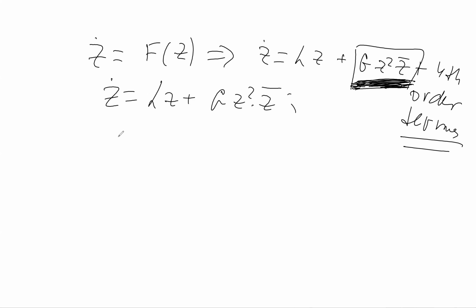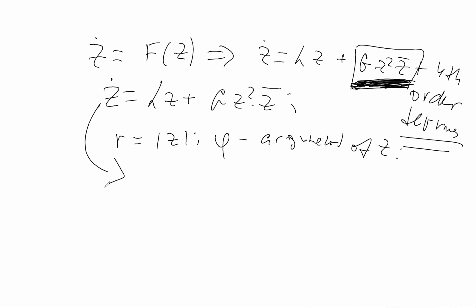Now we can introduce r, which is the modulus of z, and phi, which is the argument of z. Then this equation can be written in terms of r and phi, and we will have r dot equals alpha r.